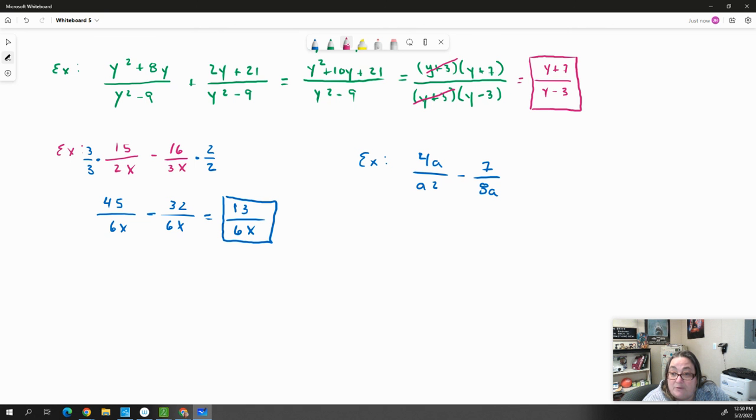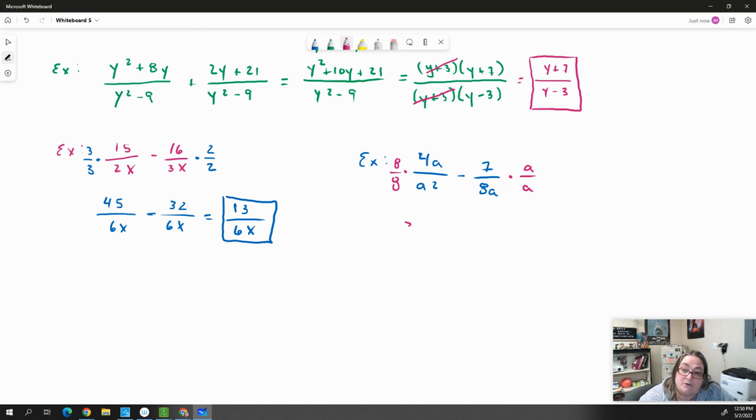So I'm going to multiply it times 8 over 8. This one, what does it have that this one doesn't? Well, it just has one more a. They both have an a. This one has 2 and this one only has 1. So we're going to multiply this times a over a.